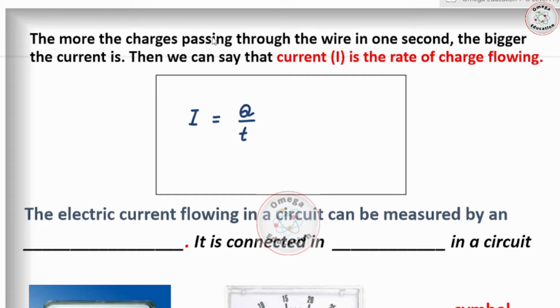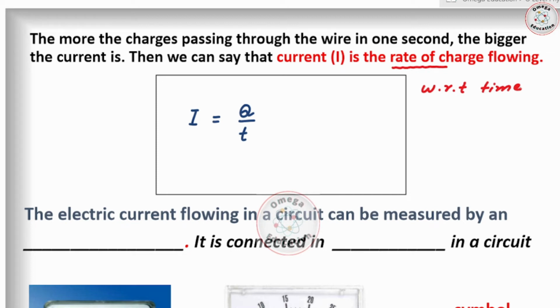Like I said, in physics, whenever we use the word rate of, it means with respect to time, or divided by time, unless mentioned otherwise. So we have to use this convention that the rate of charge means charge with respect to time.